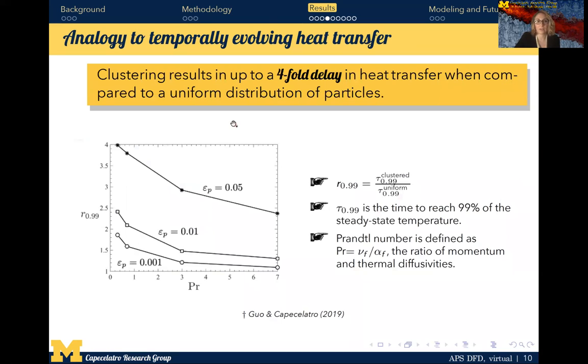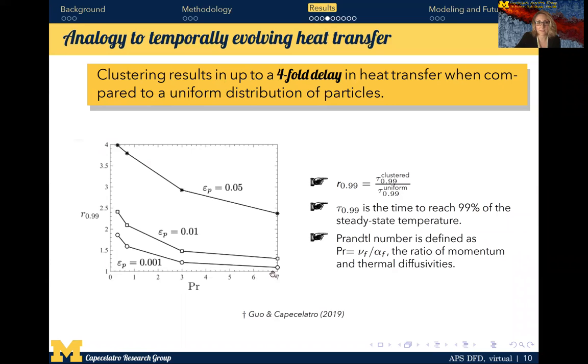In this study, we find that clustering results in up to a 4-fold delay in heat transfer when compared to a uniform distribution of particles. And that's shown in this plot here, where the vertical axis represents the time that it takes the clustered configuration to reach 99% of the steady state temperature compared to the uniform case.